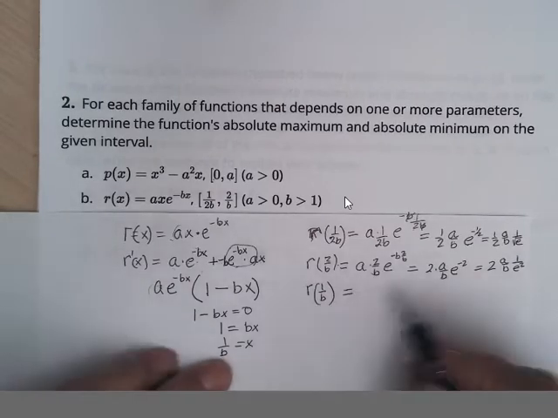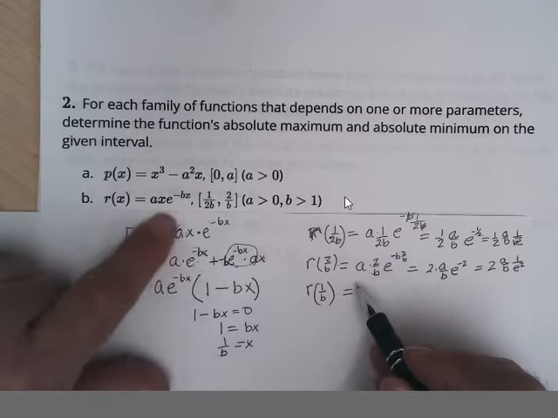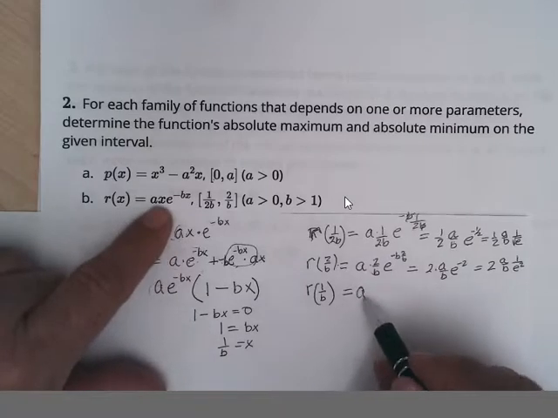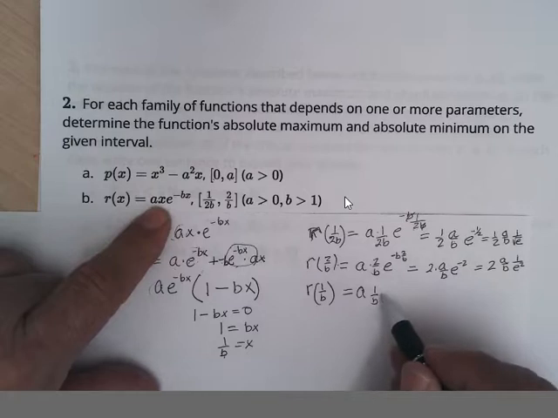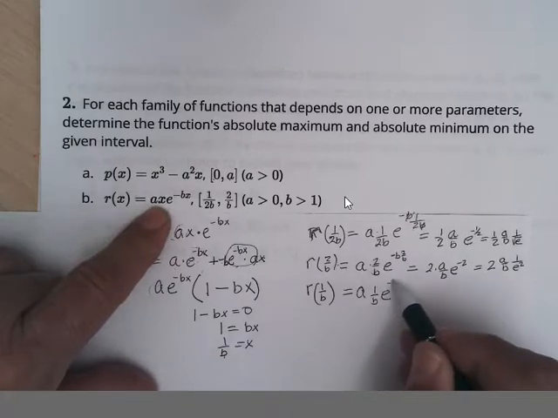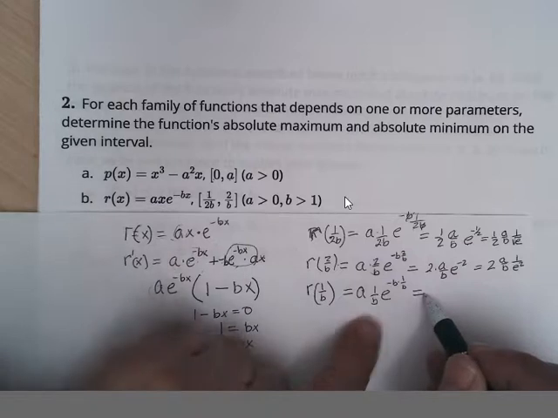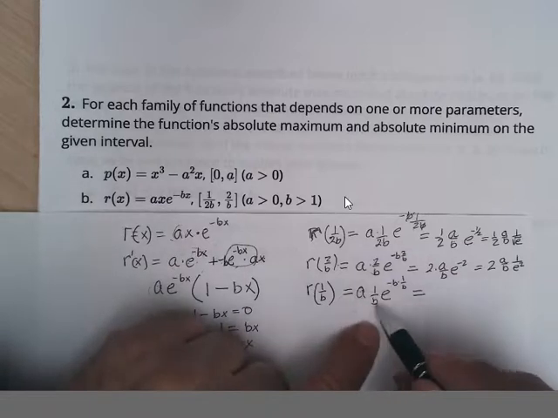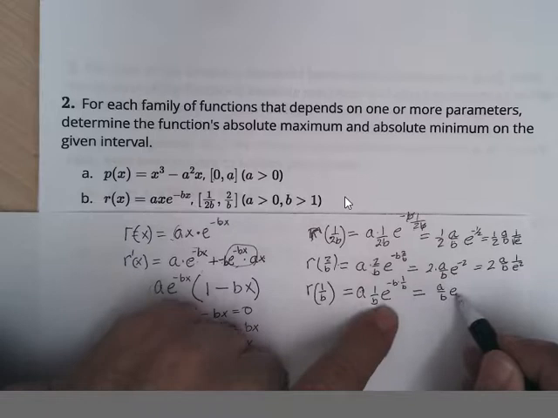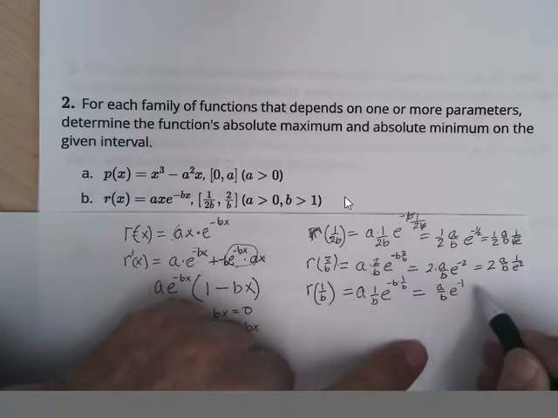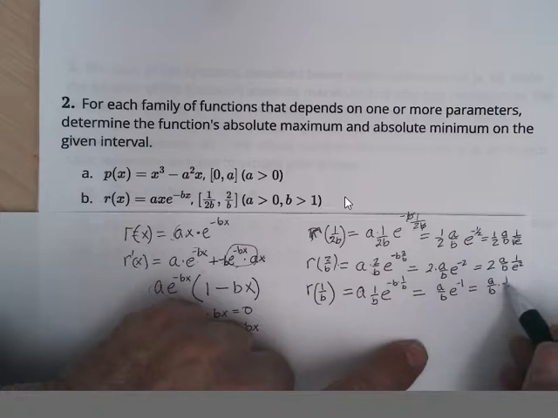That's my critical value, and so if I put in a for the a and 1 over b for the x, e to the minus b times 1 over b. The a times 1 over b is just a over b. E to the negative 1, which is a over b times 1 over e.